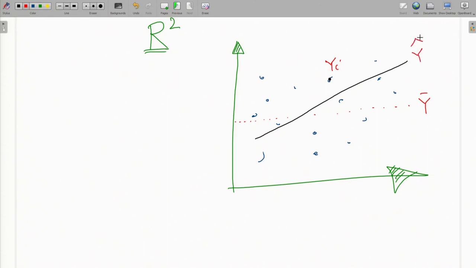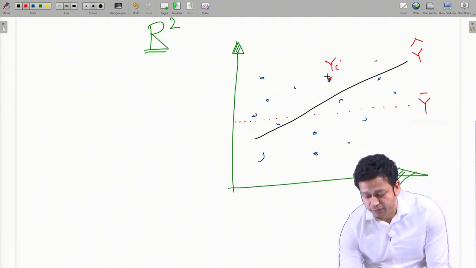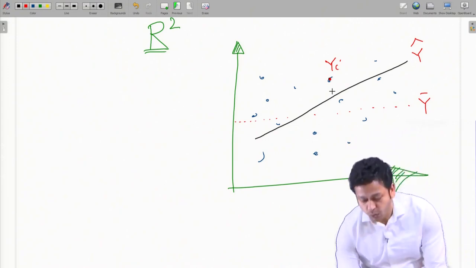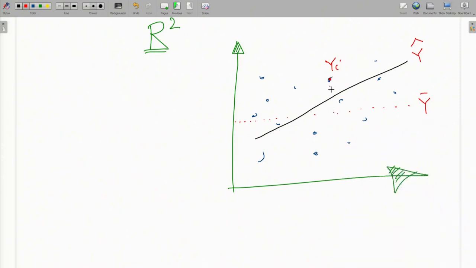Now, say I am talking about this point, and I want to measure the error that is accounted for by this model or that is not accounted for by this model. What is the extent of deviation of yi from this y bar? If the y bar line is here, the extent of deviation is going to be this line.